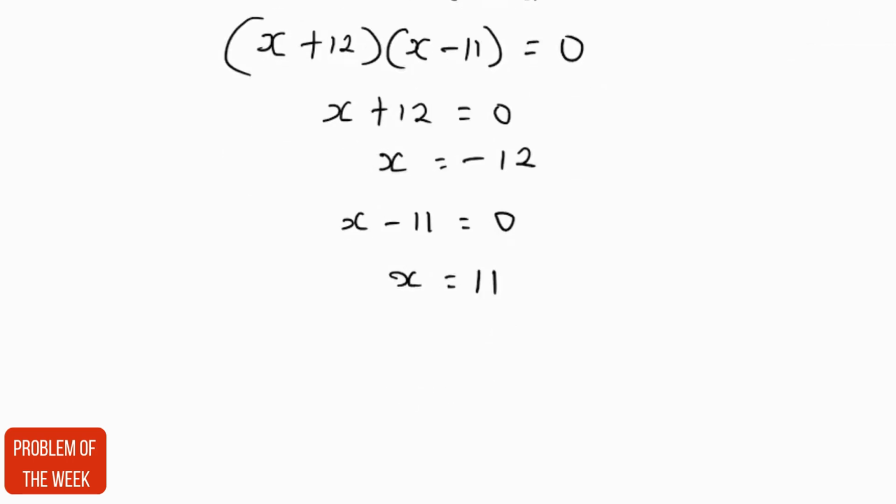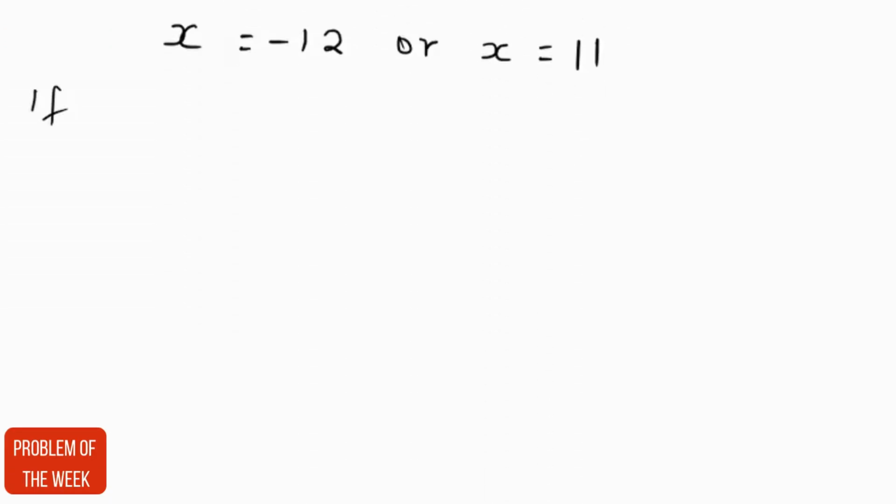So therefore, our answer for x is x equal to minus 12 or x equal to 11. If x is equal to minus 12, our two consecutive numbers will be minus 12 and minus 11.